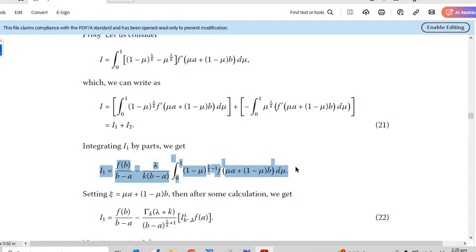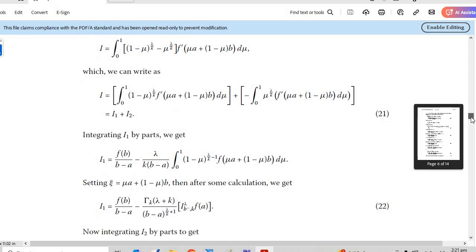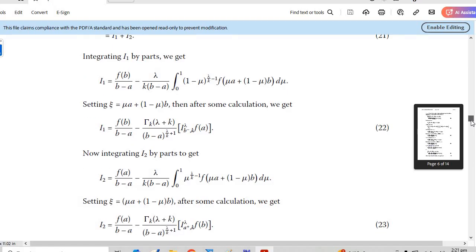So integrating by parts, we get I1 like this. Substitute this highlighted expression as xi, and after some calculation the integral I1 becomes this, given in 22. You have to repeat the same exercise for I2.